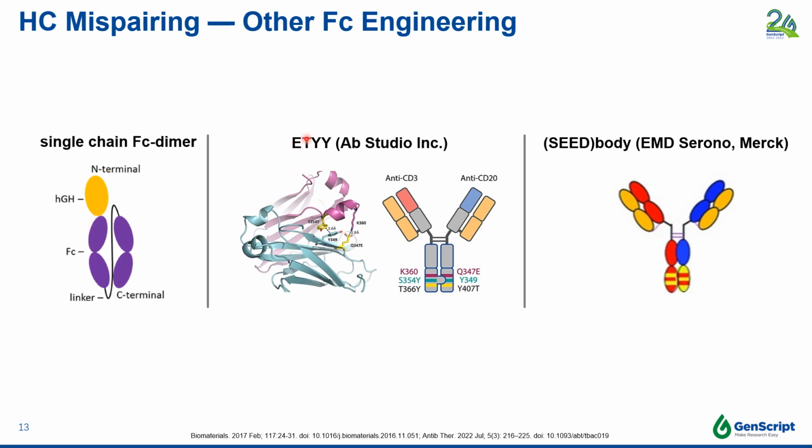And there is a design combining Fc knob-in-hole and Fc charge pair. The strand exchange engineered domain is an alternation of human IgG and human IgA sequence in the CH3 domain.